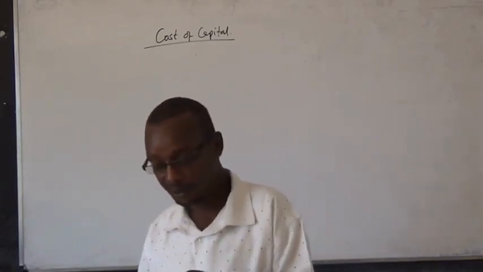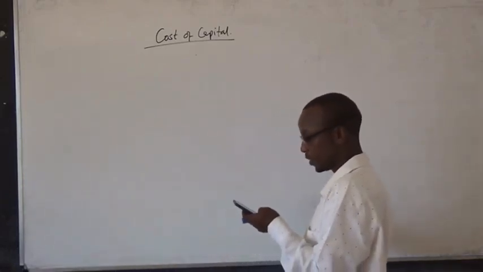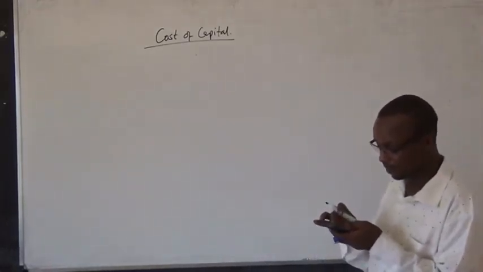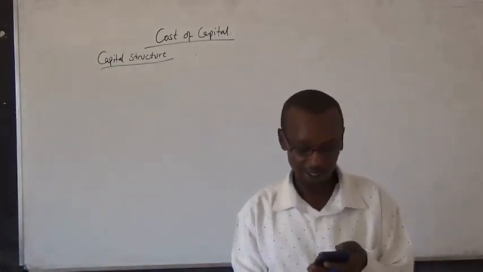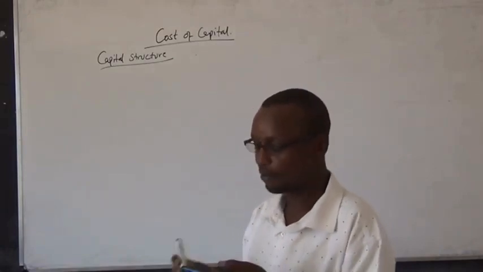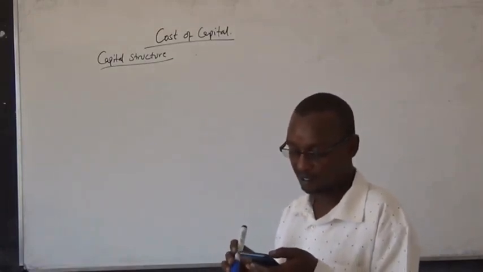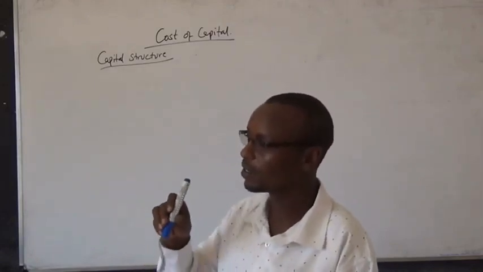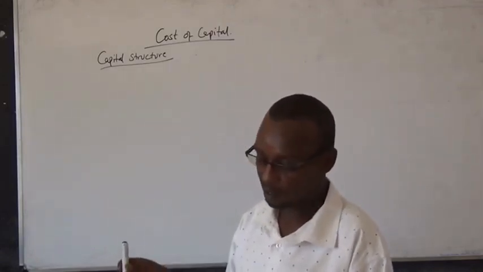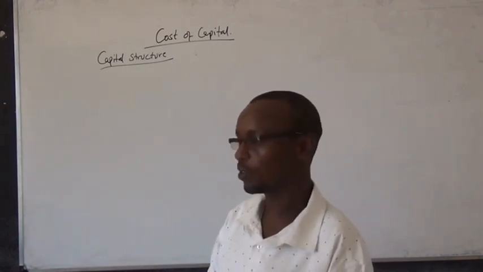Now we need to look at the firm's capital structure and the factors influencing the capital structure. The capital structure is how a firm finances its operations and growth by using different sources of funds.